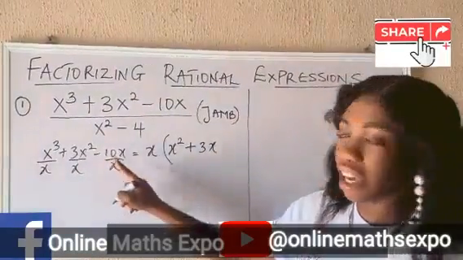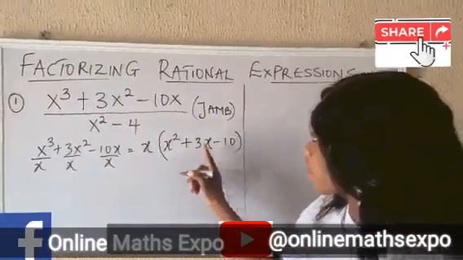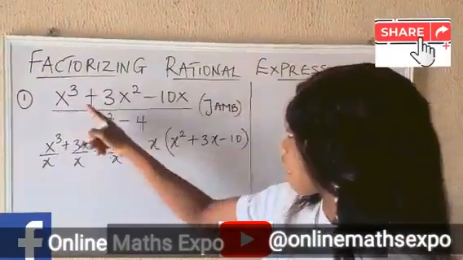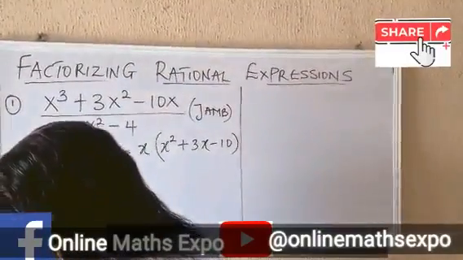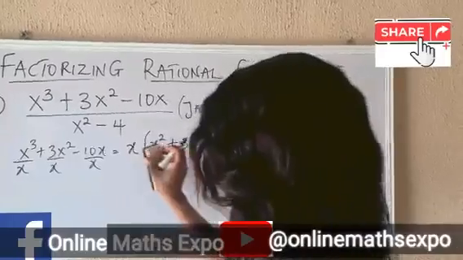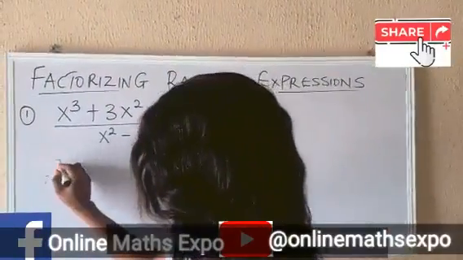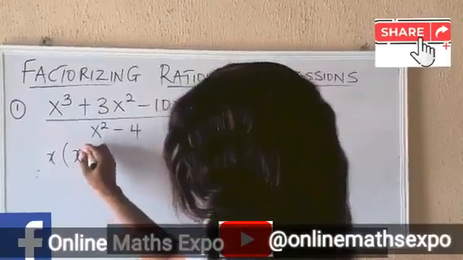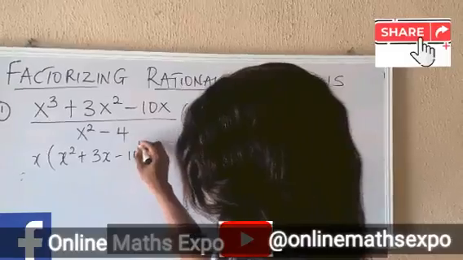And when x divides minus 10x, it will give us minus 10. So we have succeeded in factoring out x in the numerator, so that we are going to have x into x squared plus 3x minus 10.